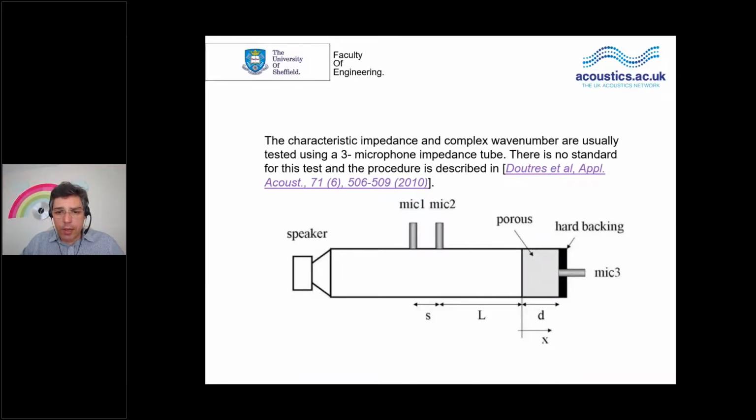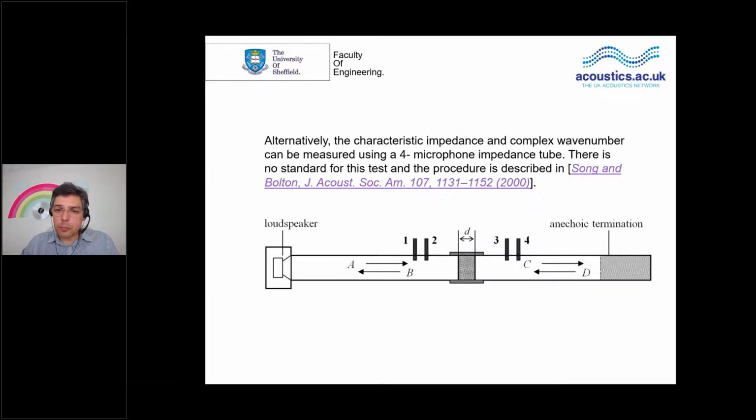There is a 3-microphone impedance tube method, which is non-standard, but described in this publication, and it enables us to measure not only acoustic impedance and absorption and reflection coefficients, but also the characteristic impedance and complex wave number. Another method is the 4-microphone impedance tube method. It's not a standard, but I described it in this publication, and it also enables us to measure the full set of characteristics.